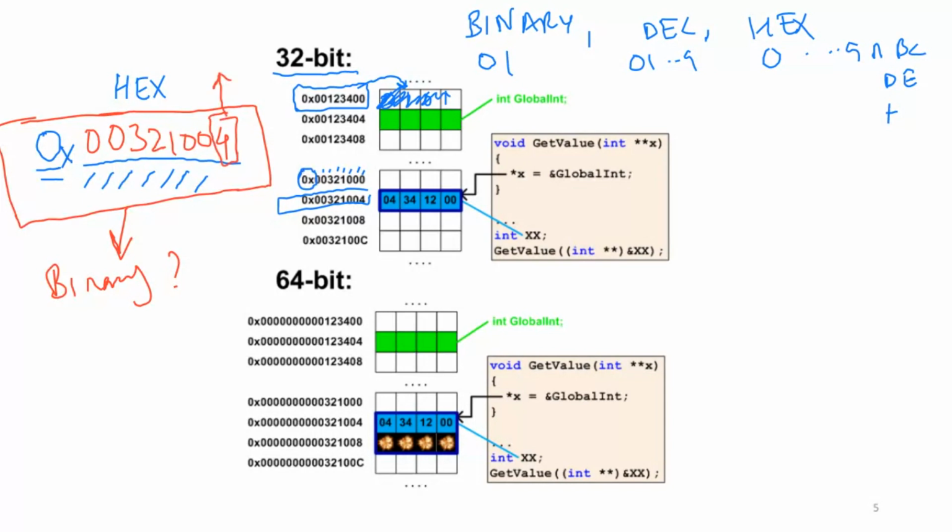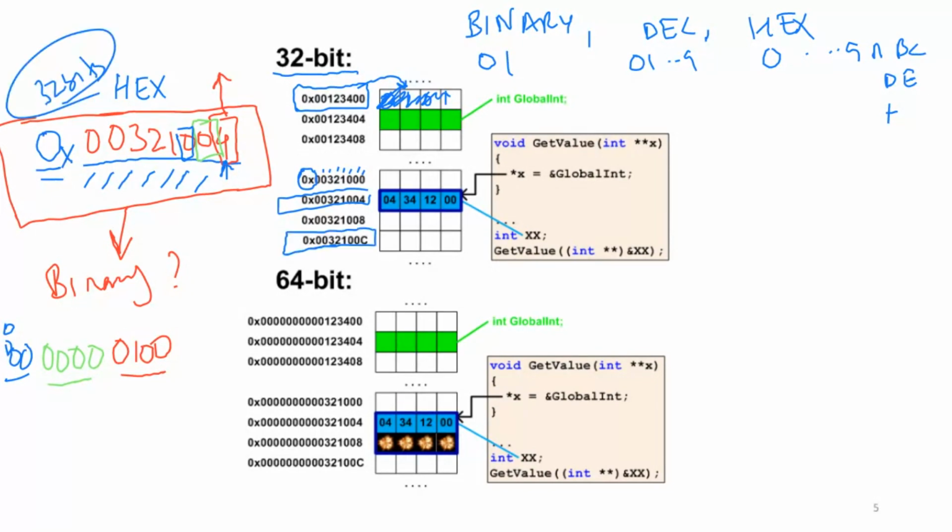To write this 0 in hex in binary, we have to use 4 binary digits. And to write this 0, we have to use 4 again. I don't have space here. Okay, so if you count the number of binary digits, it will be 4, 4, 4, 4, 4, 4, 4, 4. It's going to be 32 bits. Am I right? So this is a 32-bit addressing, and the memory which has 32-bit addressing is called a 32-bit memory system.